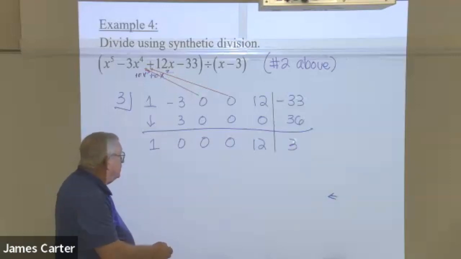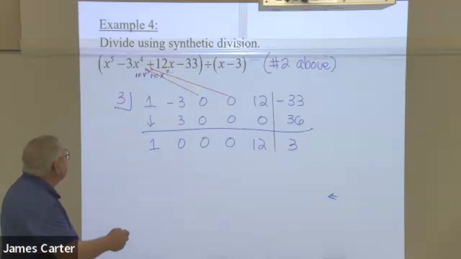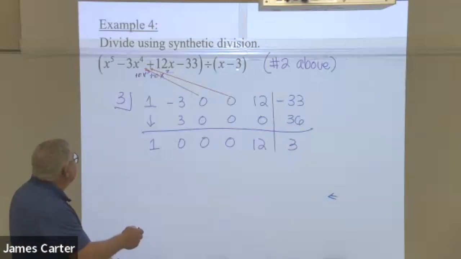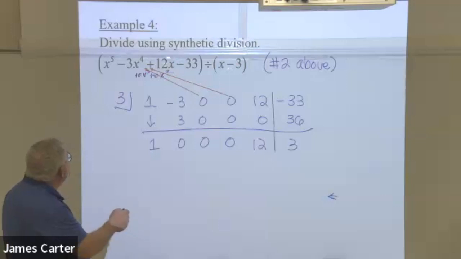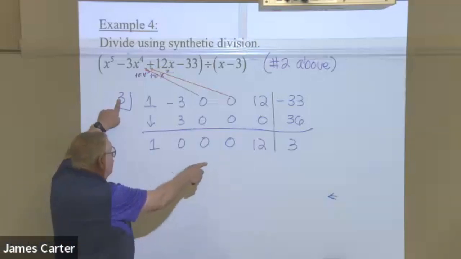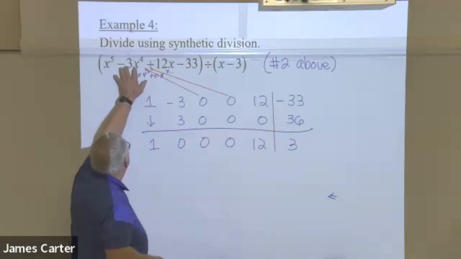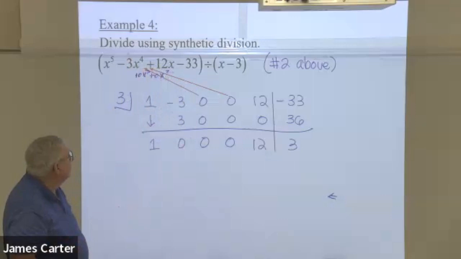In this case, we still have a remainder on this problem. So that tells us that x minus 3 does not go perfectly into this, so it is not a factor of that particular equation. However, it does tell us the point (3, 3) is a point on the graph of this equation.